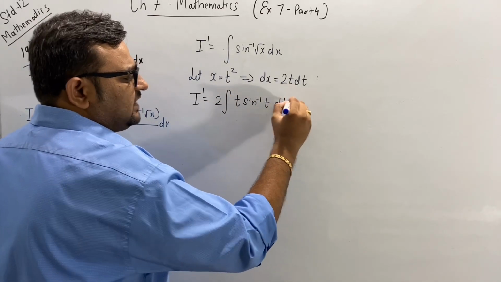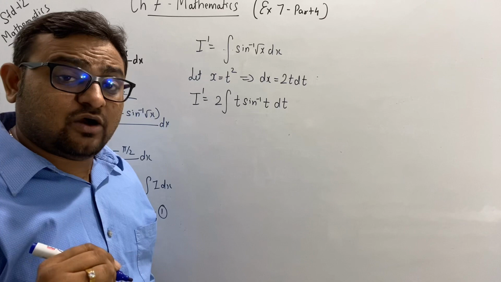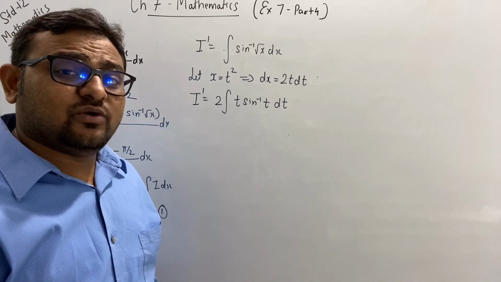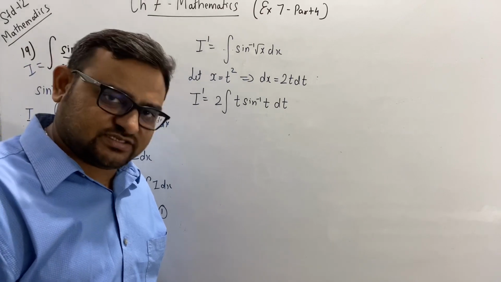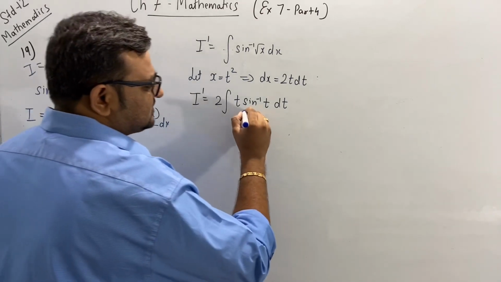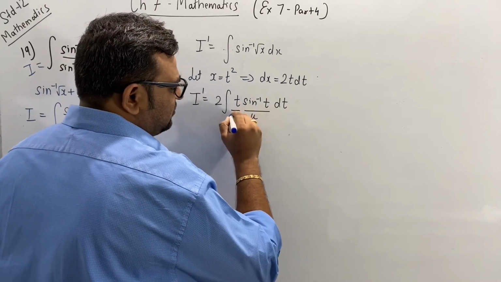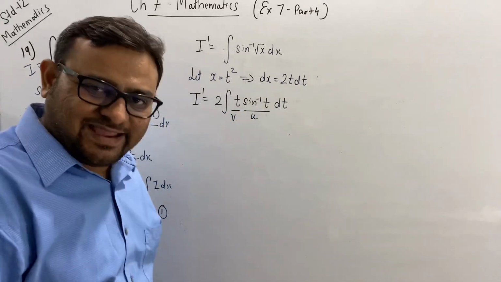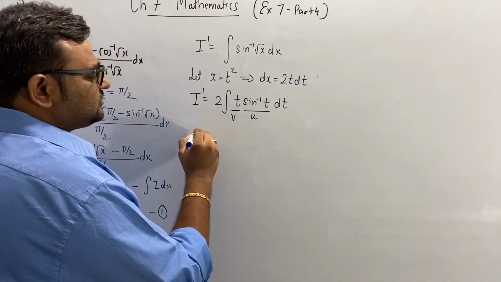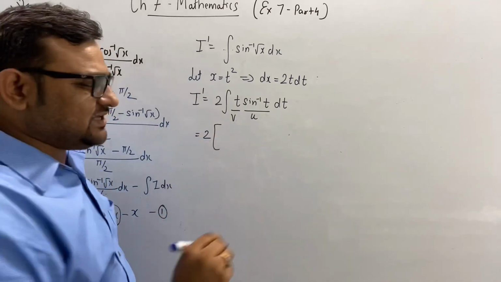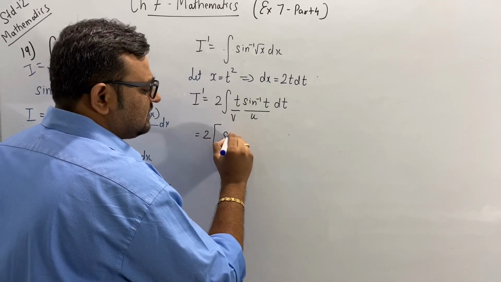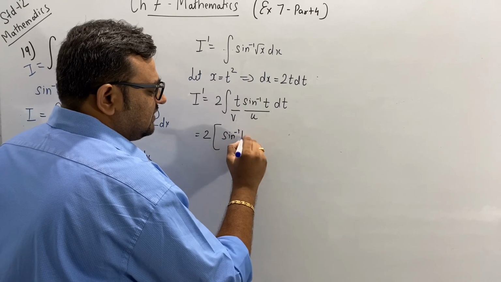Now, how can you solve it? We will solve it by integration by parts, taking u and v according to LIATE. So, 2 times: what is the formula? u as it is, means sin inverse t, into integration of v.